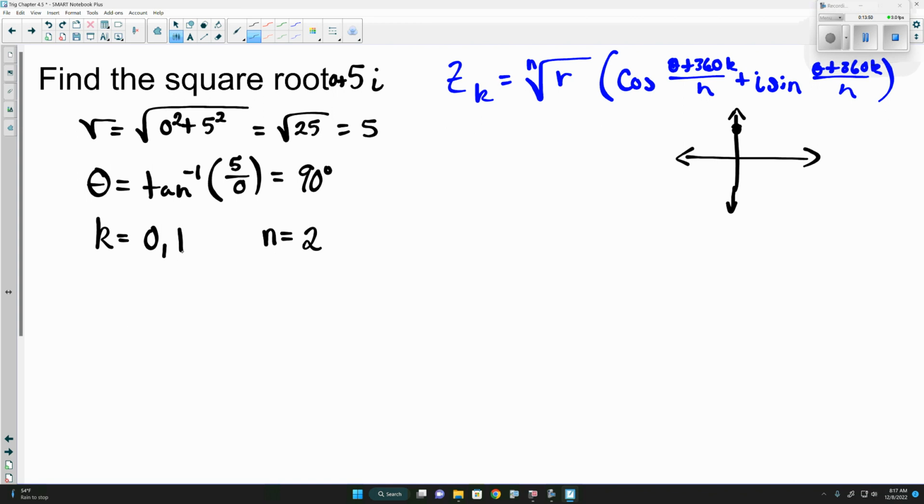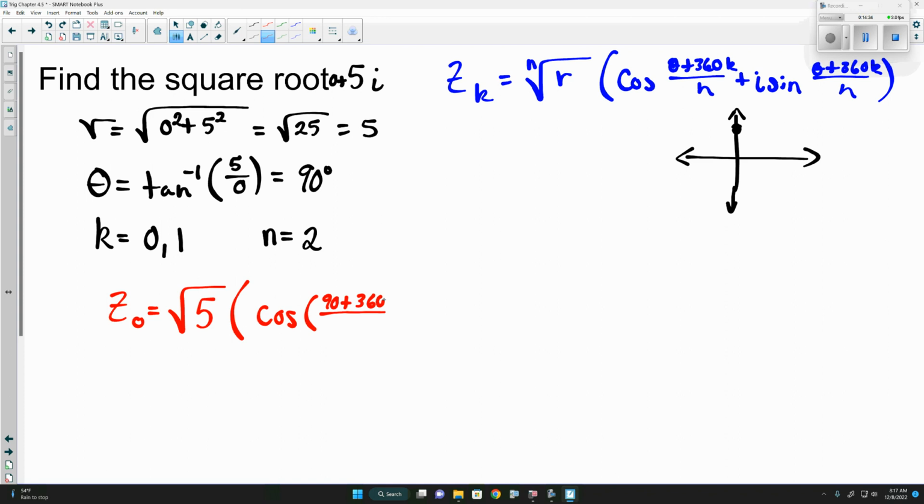So if we look at the formula, we have 2. We're going to use it twice, once when k is 0 and once when k is 1. So the first one we're going to find is z of 0, which is equal to the nth root, so we're taking the square root because n is 2, of r, so the square root of 5, parentheses, cosine of theta, in our case theta is 90 degrees, plus 360 times k.